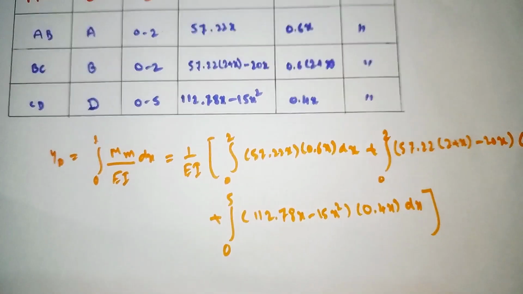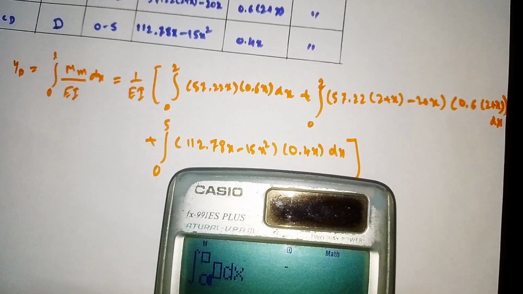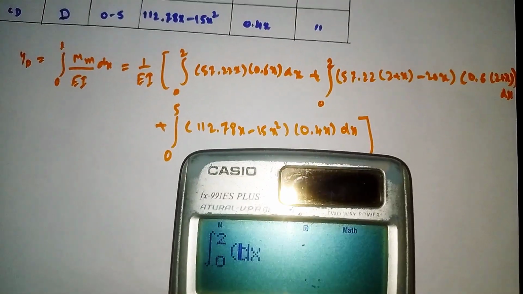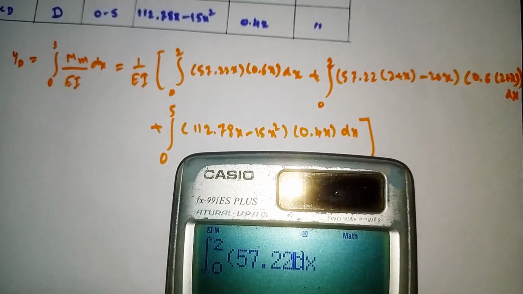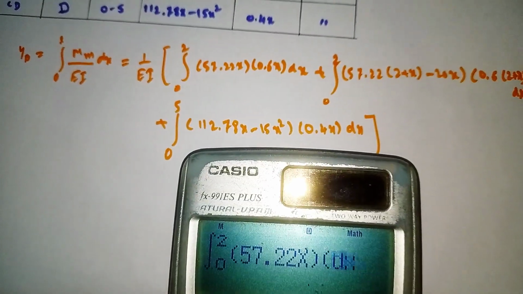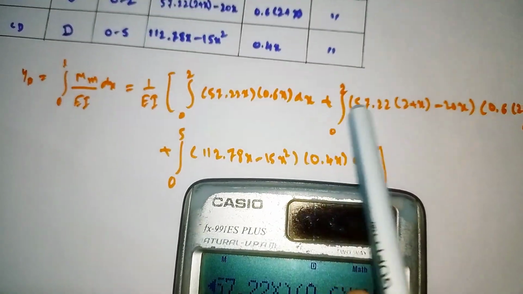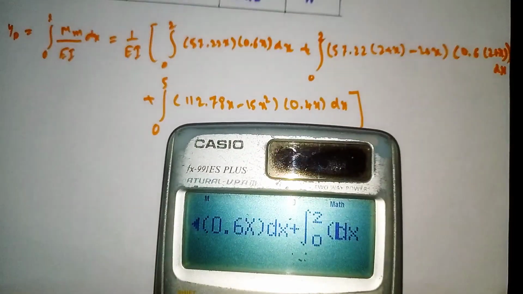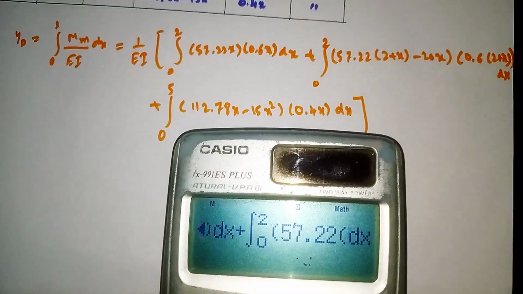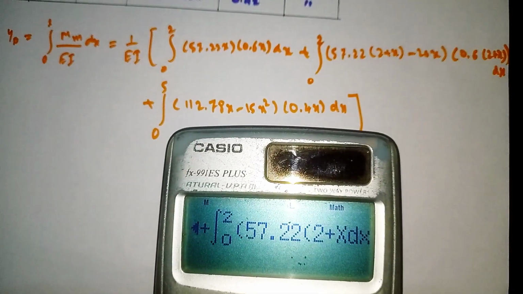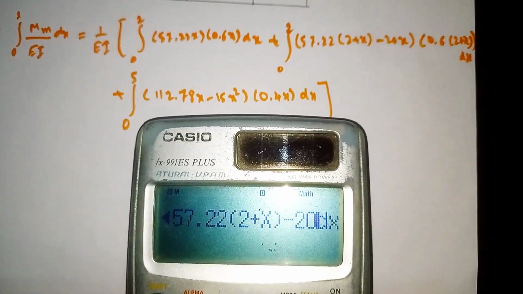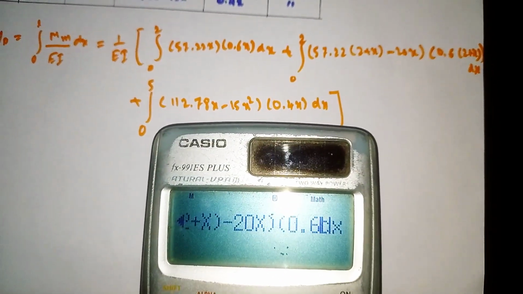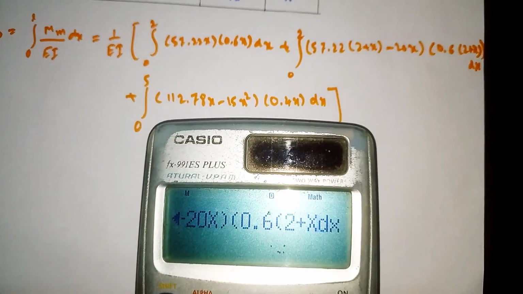Now by using the calculator we will solve it. Integration of 0 to 2 of 57.22 into x, close the bracket, again bracket, 0.6 into x, plus integration of 0 to 2 of 57.22 into 2 plus x, close the bracket, minus 20 into x, into 0.6 into 2 plus x, close the bracket.